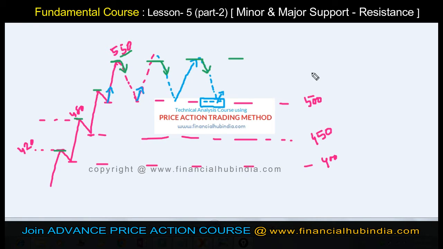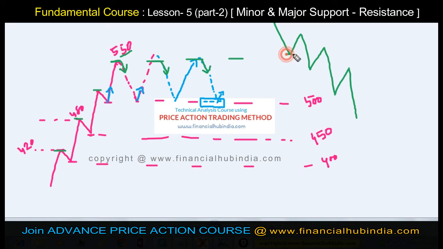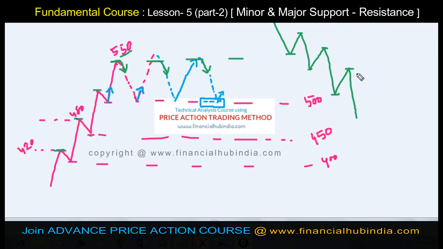This resistance can also be shown in a downtrend, just like what we have shown for supports in an uptrend. So in a downtrend, what do you see? Price moves up, so we have a support here, a resistance here, support here, resistance here, support here, resistance here, isn't it?